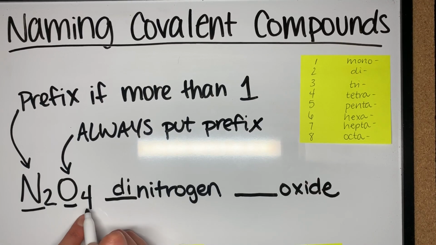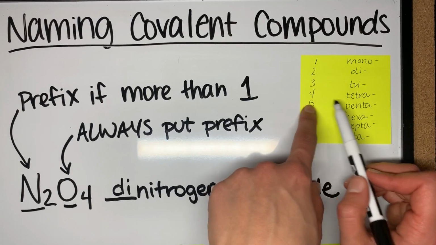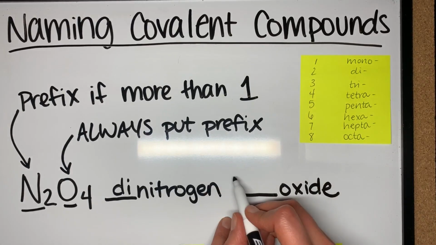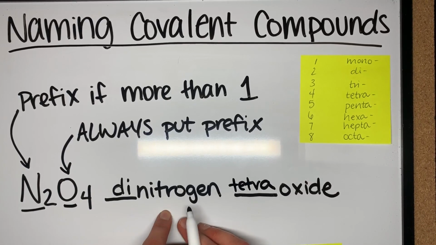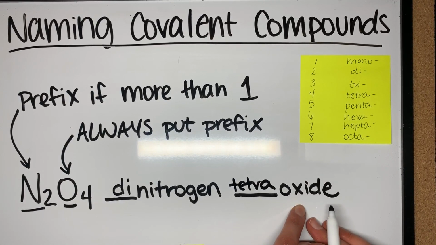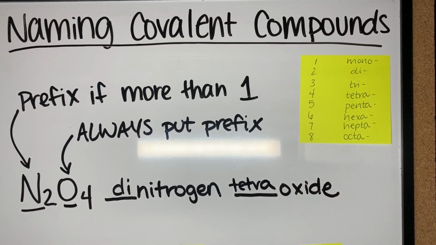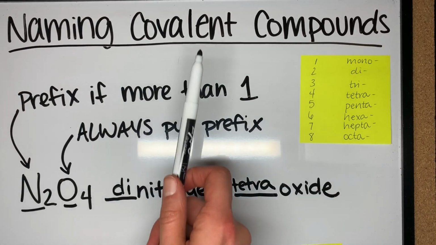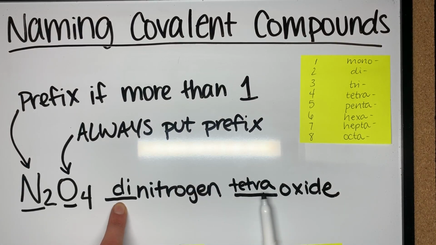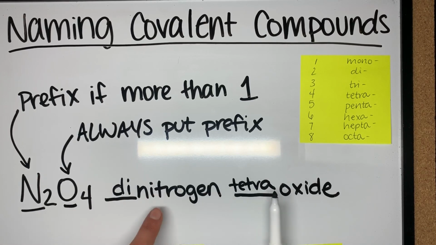So in this case, we have 4 oxygens. So we look at our table here, we see that 4 is tetra. So we are going to have it be dinitrogen tetraoxide. So the foundation of this, the nitrogen oxide, is exactly the same way you named ionic compounds, but now for covalent, we are going to add prefixes to show how many of each element there are in the compound.